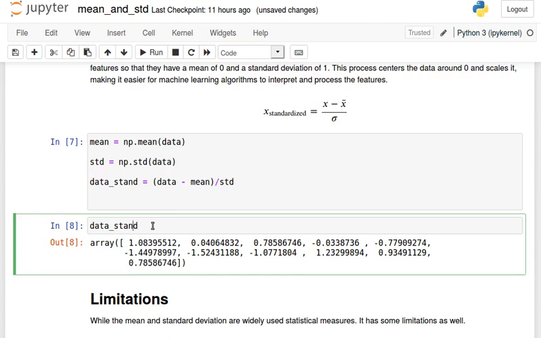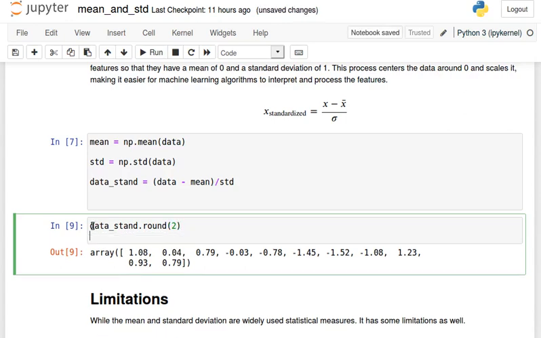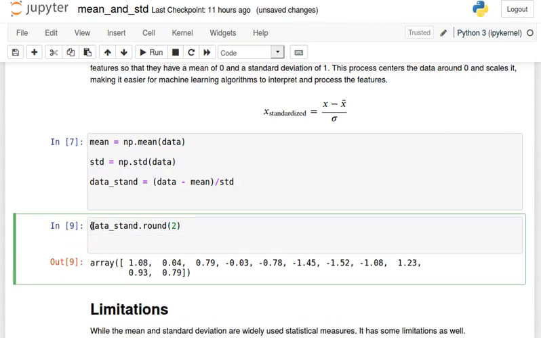So let's see what is the mean of the standardized data. First we round this to 2 decimals. Here is the standardized data. Next, let's see what is the mean of this standardized data.